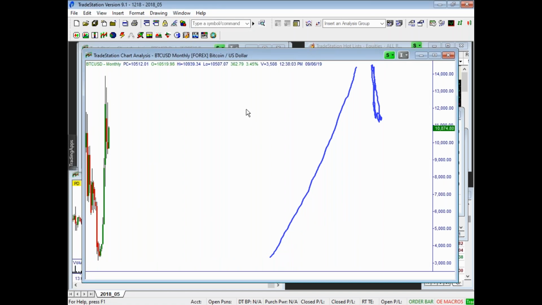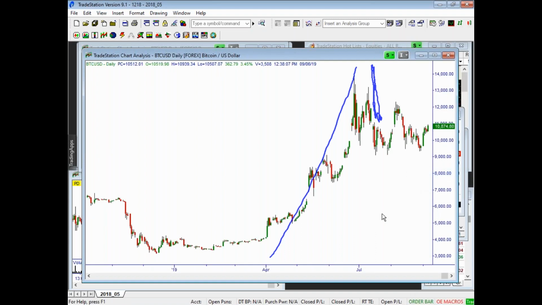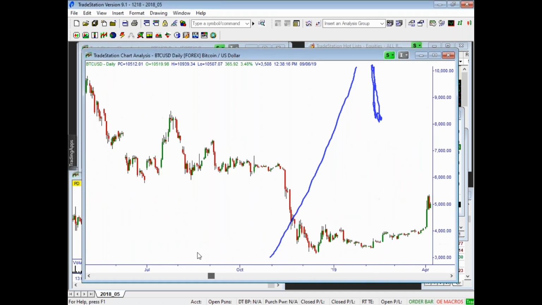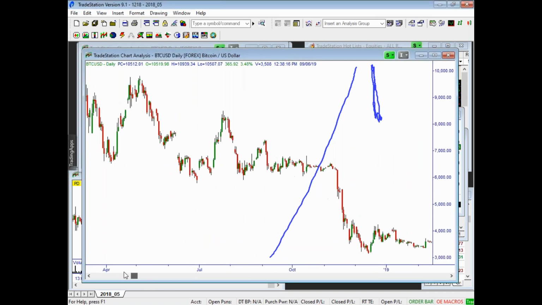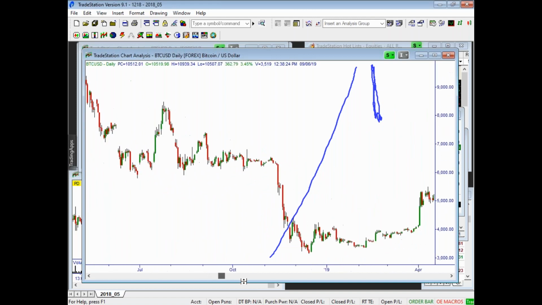I don't have my chart that goes back far enough on Bitcoin. Let's do a daily on here. So you can kind of see the daily action here on Bitcoin. I wanted to show you a couple years back, but my chart is not going back that far.